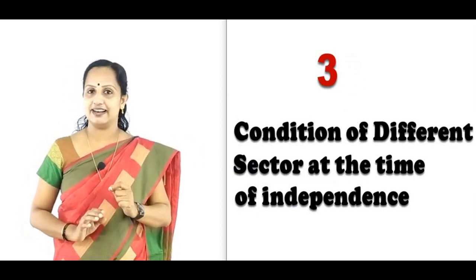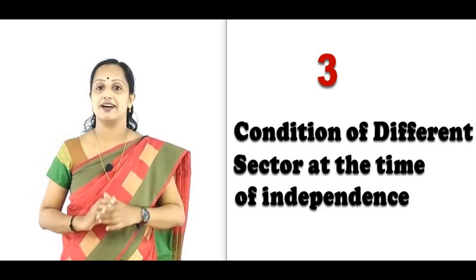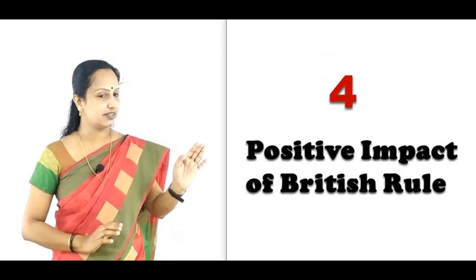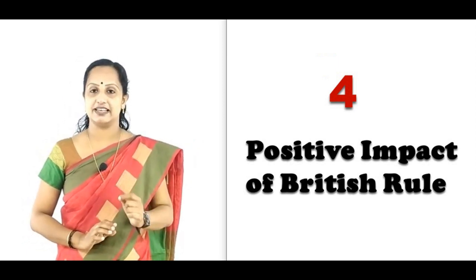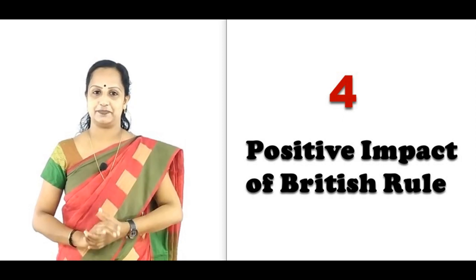Thirdly, we will analyze the condition of different sectors of the Indian economy at the time of independence. And in the fourth category, we will analyze the positive impact of British rule in India.